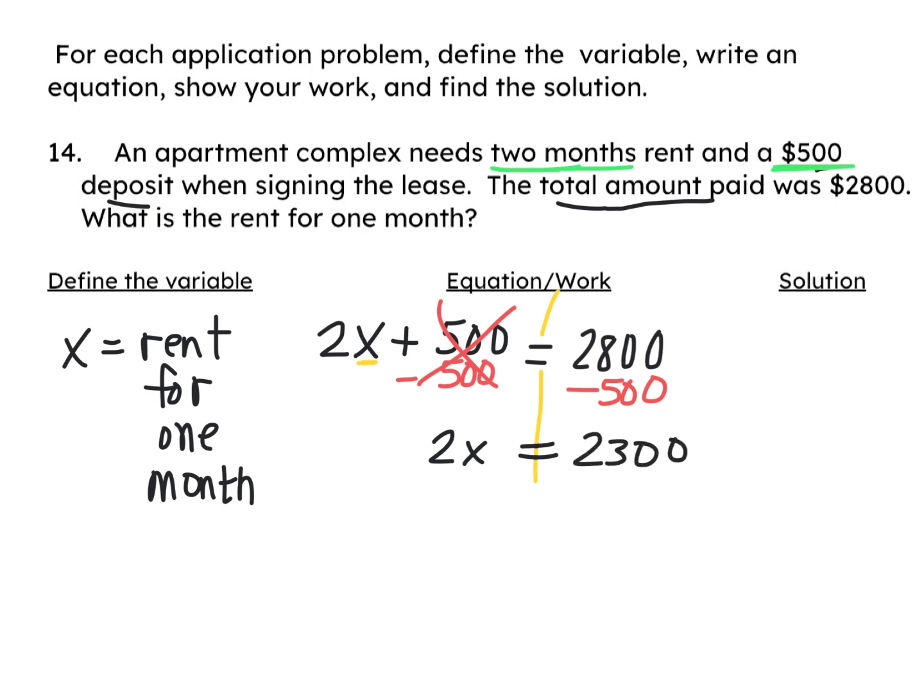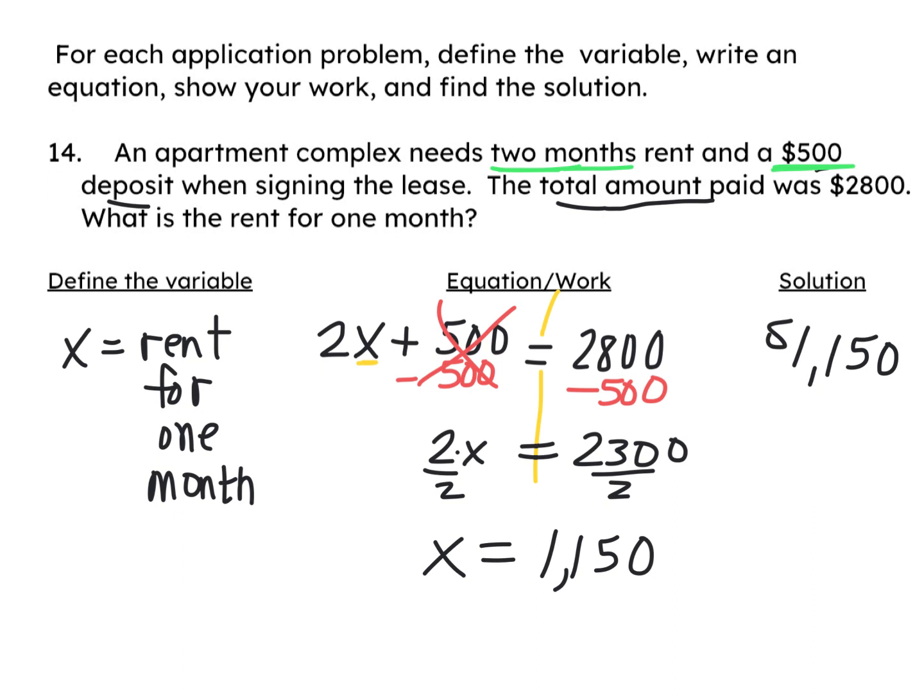And then our last step, the inverse of multiplication is division. We're going to divide both sides by 2. So 2,300 divided by 2 is 1,150. So our solution for 1 month would be $1,150. For rent, yes, folks, things get expensive when you're renting.